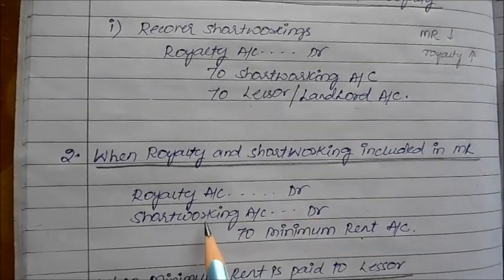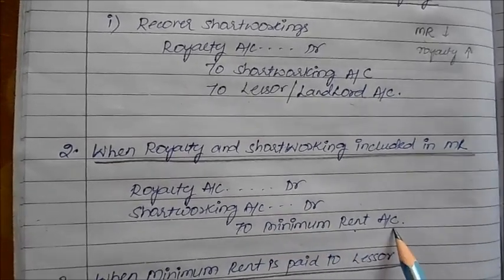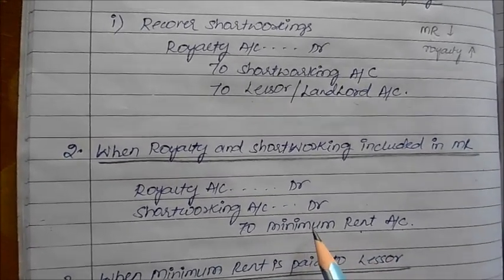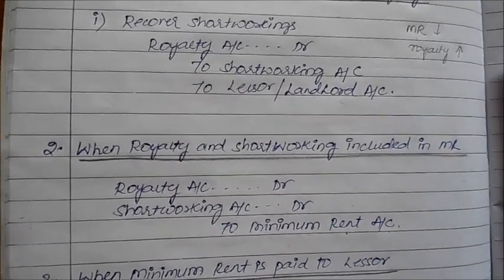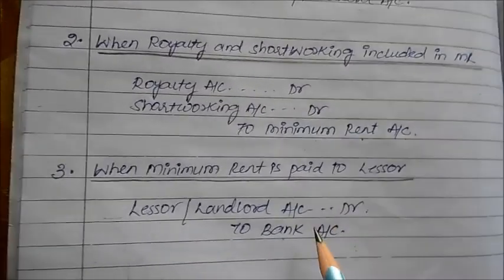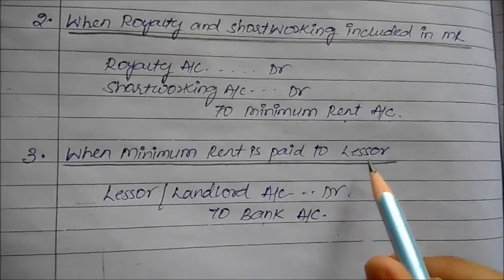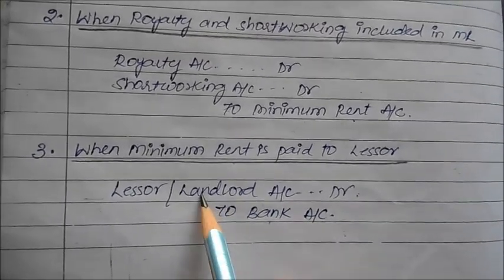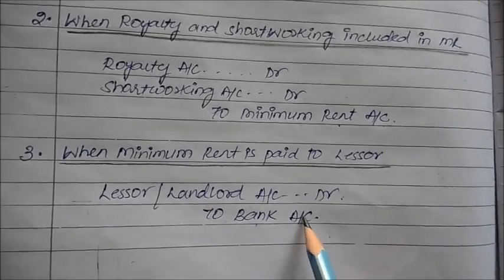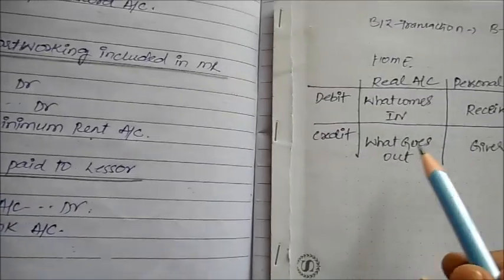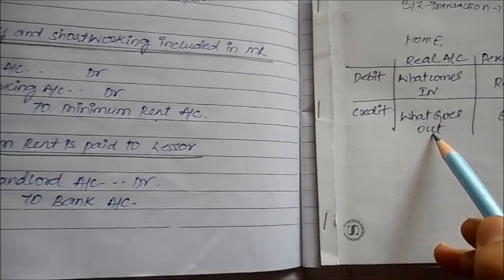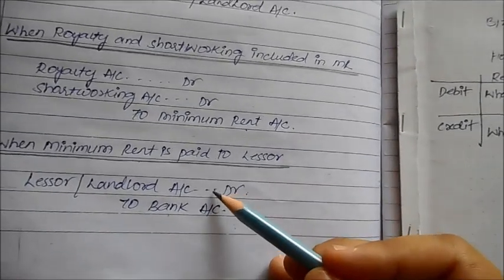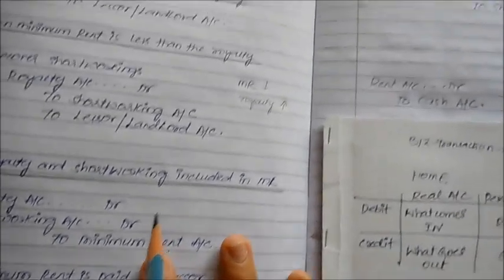Royalty account debit, short working account debit to minimum rent. In the minimum rent, one portion belongs to royalty, one portion belongs to short working. Next, how much minimum rent are you actually paying to the lessor? Landlord account debit to bank account. Bank, according to the principle, debit what comes in, credit what goes out. To whom are you actually making the payment?